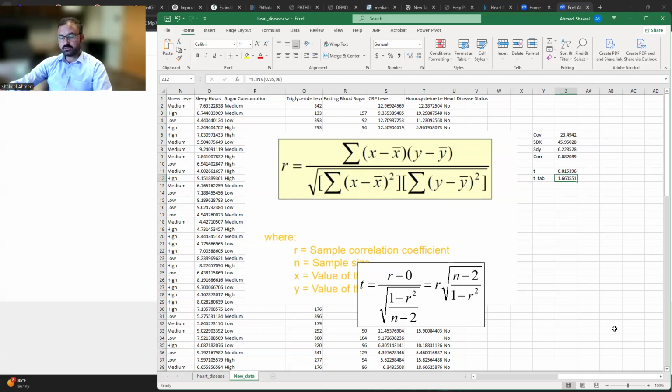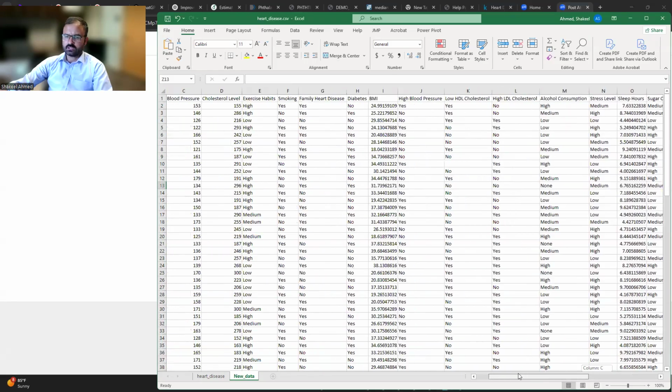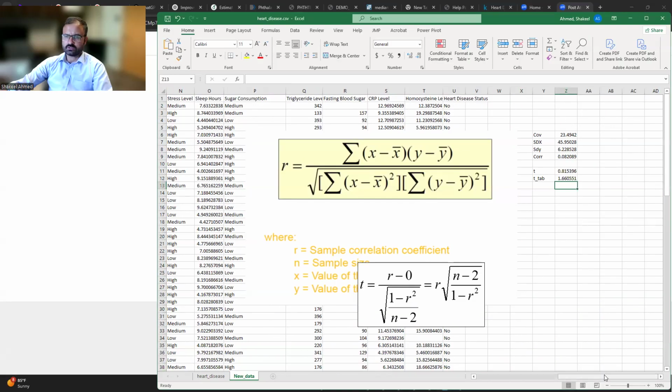The tabulated value of the test statistic is 1.66, and the calculated value is less than the tabulated value, so we don't have any evidence to reject the null hypothesis and conclude that the correlation between BMI and cholesterol is negligible, almost zero. This is the Pearson correlation we have. Thank you.